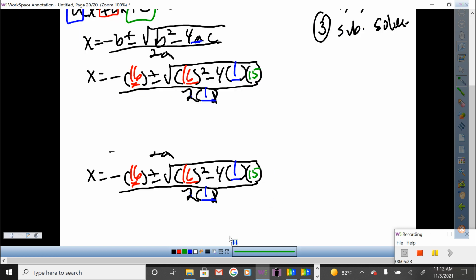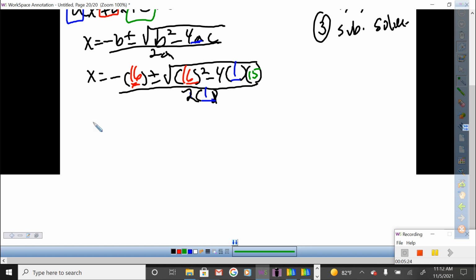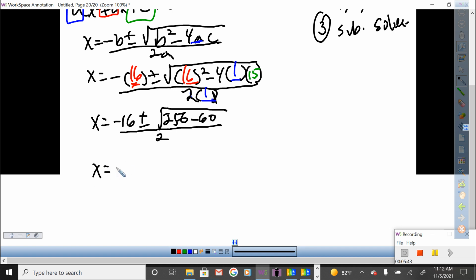Alright, so let's simplify. We're going to finish this off. Here we go. X equals negative 16 plus minus square root of 16 squared is 256. Negative 4 times 1 times 15, that's negative 60. And all that over 2 times 1, which is 2. Let's simplify. X equals negative 16 plus minus square root.